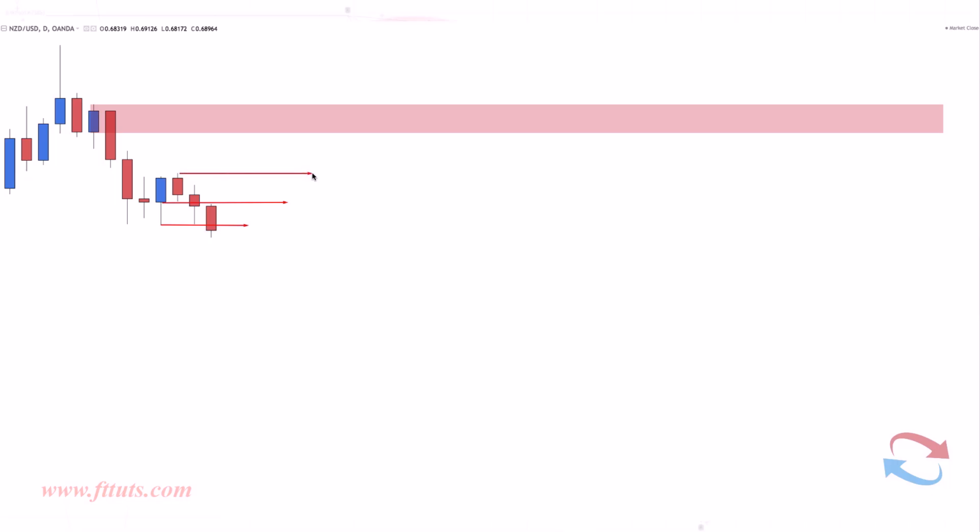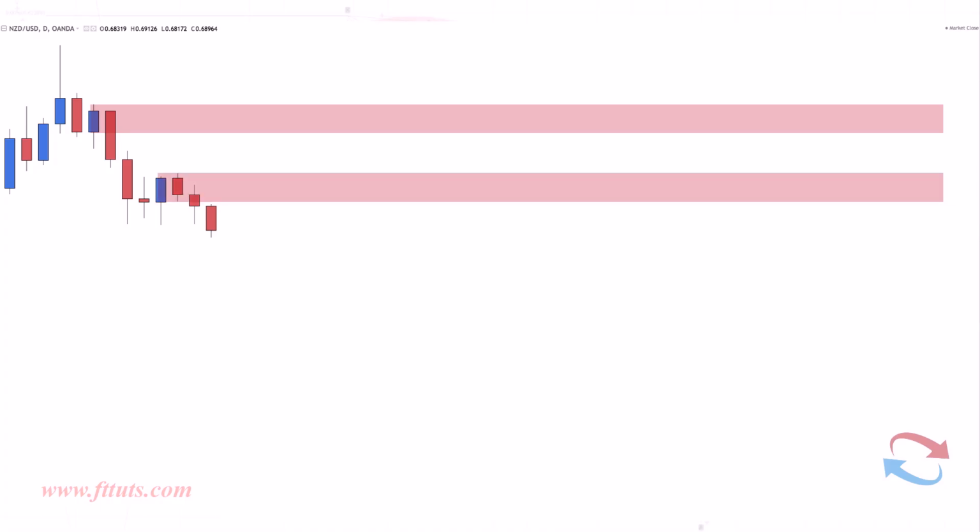So it's going to be there, and that's where we would draw our supply zone. And as price again makes a new lower high and lower low in the sequence, what we're doing is coming down, putting in a swing, coming down, putting in a swing.